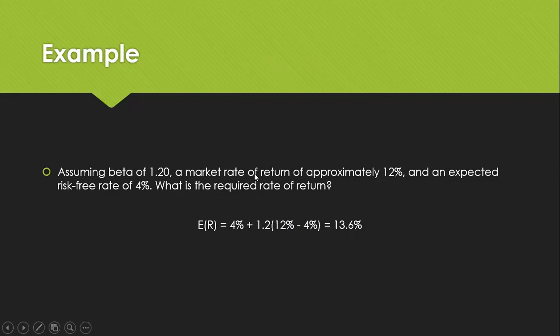The procedure is this: by our rule in mathematics, whatever is enclosed in parentheses is computed first. So first, 12% minus 4%. Then after that, follow MDAS: multiplication, division, addition, then subtraction.